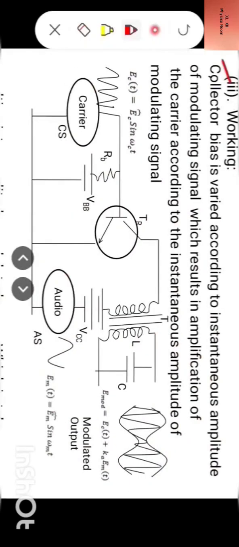Now third, working. Collector bias is varied according to instantaneous amplitude of modulating signal.